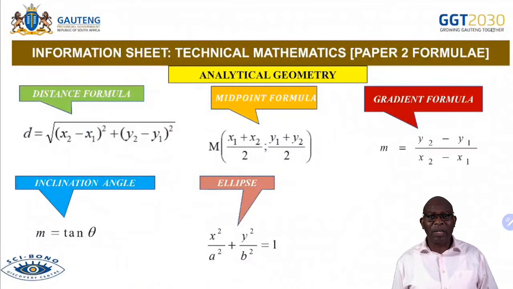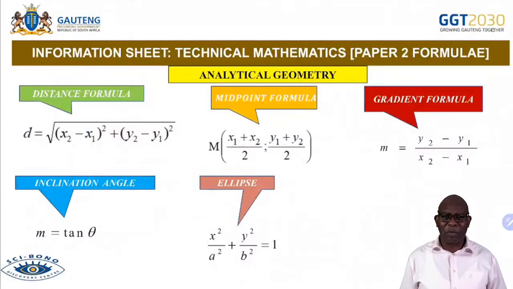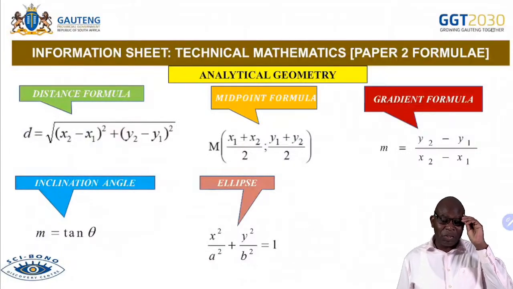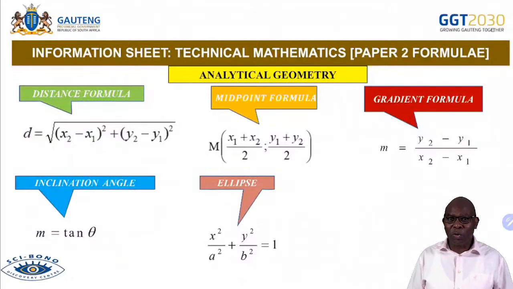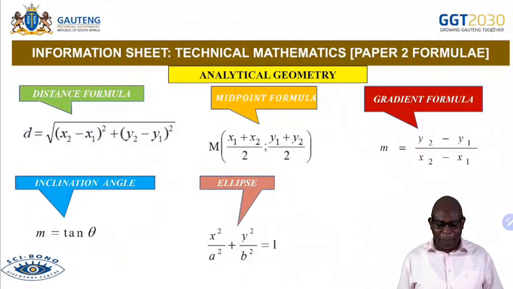Now I'm going to start with the information sheet, which is very, very important. We're always talking about the information sheet, to say these formulae are the ones that we use in technical mathematics. The formula sheet is given at the end of the question paper. So you go to the last pages of your question paper, where you'll get 2 pages of formulae, the information sheet.